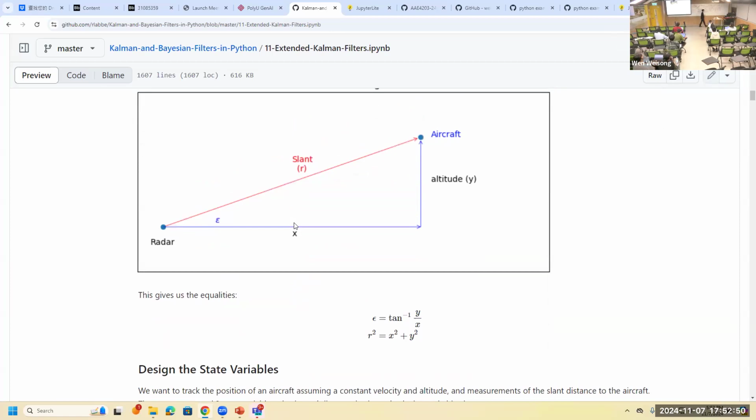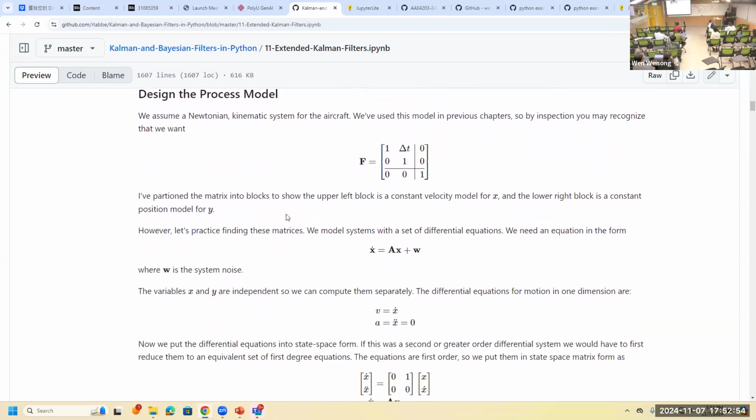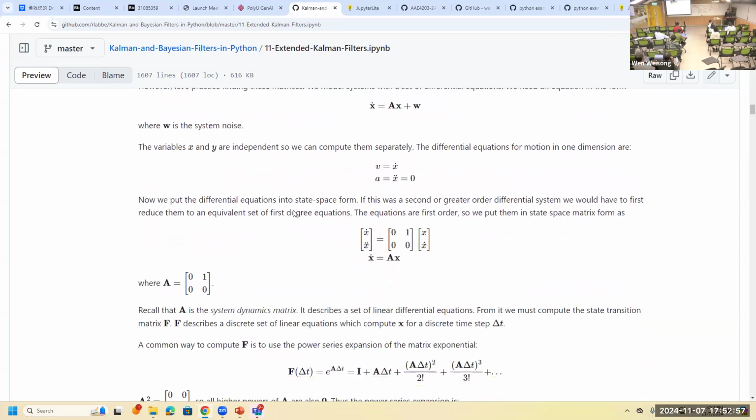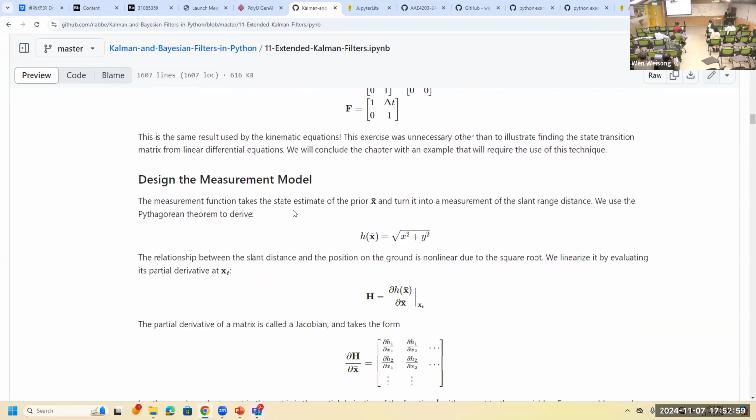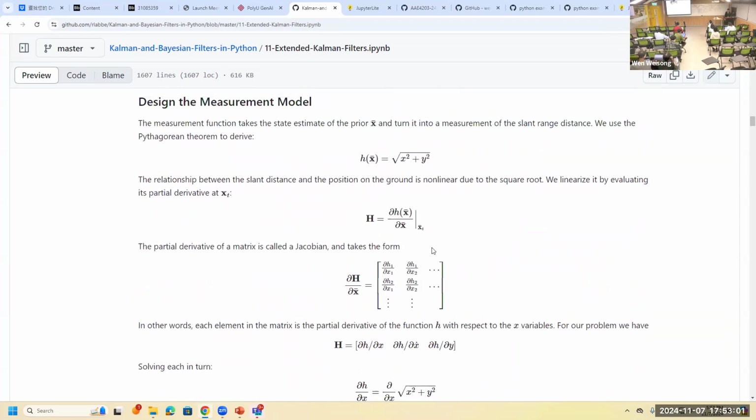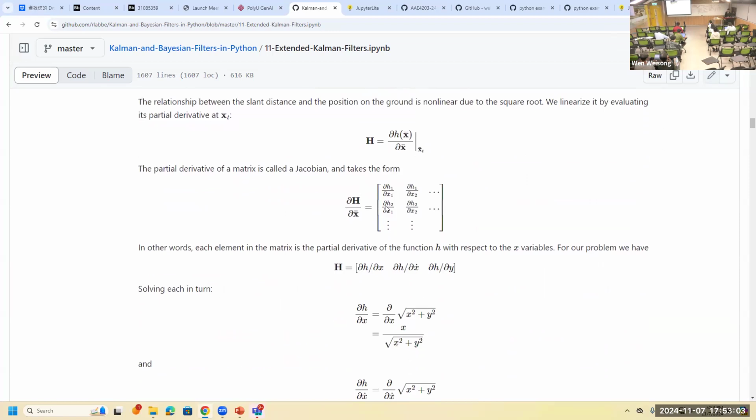That will also be in the issues this week. The F matrix is the same, and for the H matrix we need to do the linearization, right? This is very similar to the GPS part. So we need to do the differential of H with respect to X, which is the state.